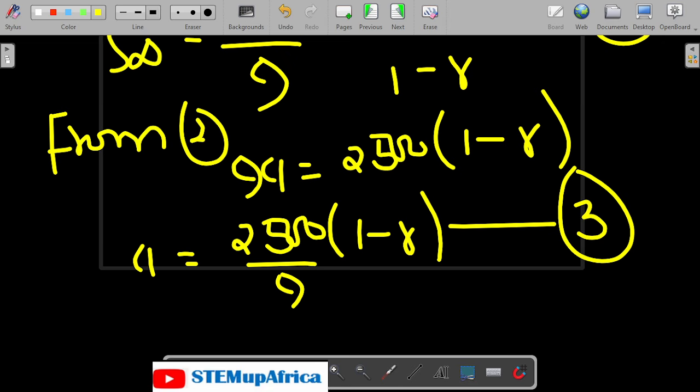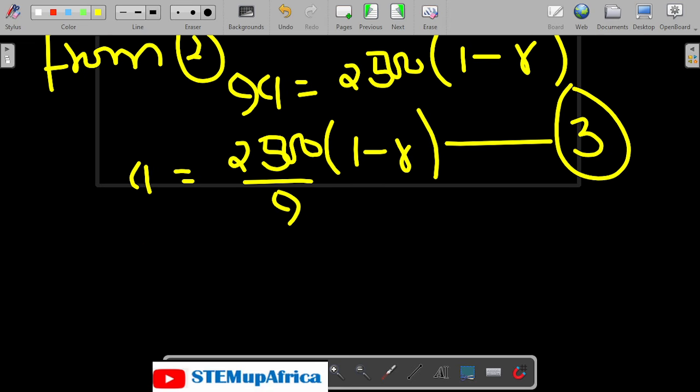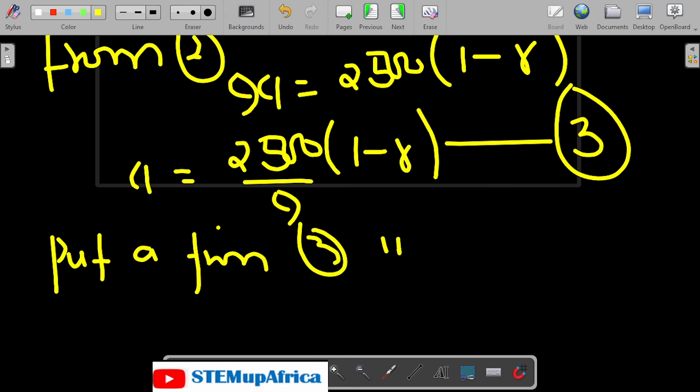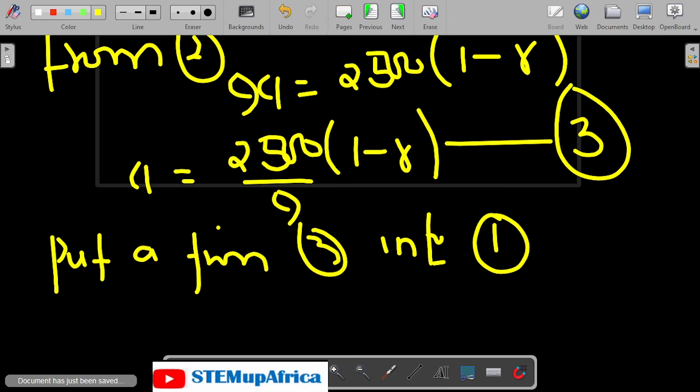So put a from 3 into 1. Put a from 3 into 1. So we're having ar is equal to 25. So here I'm putting 2500 over 9 into 1 minus r.